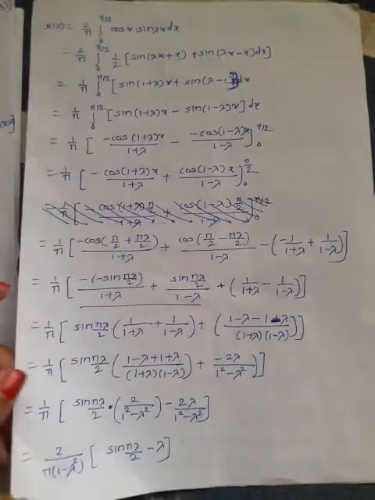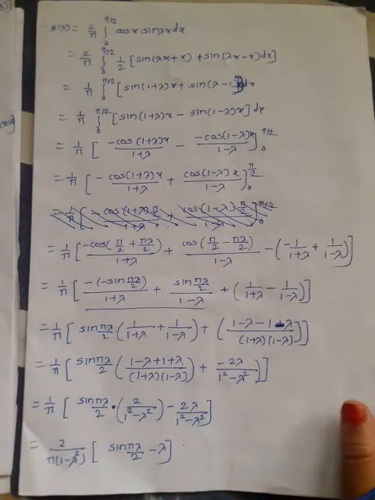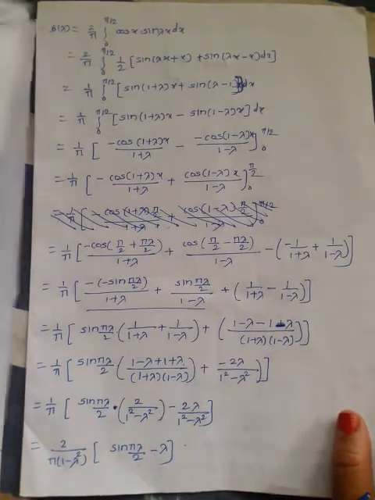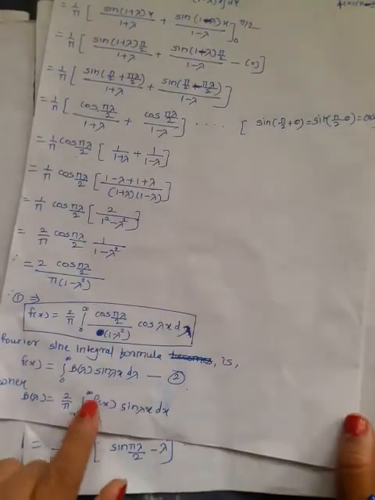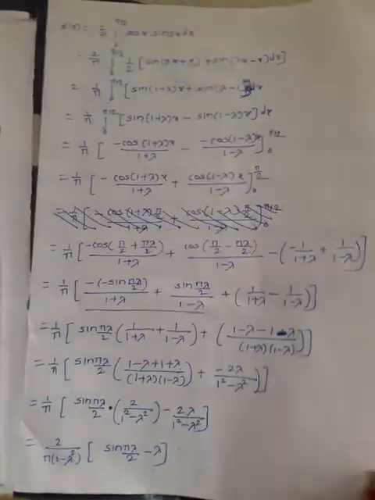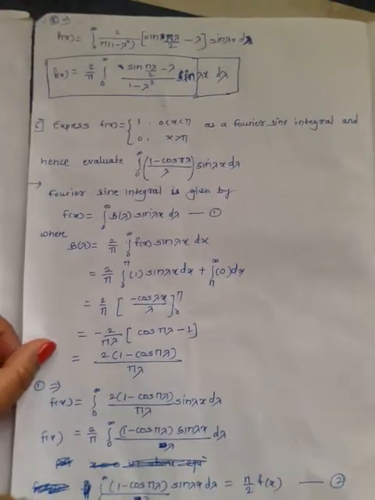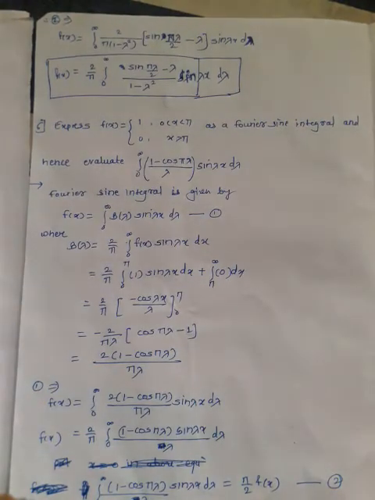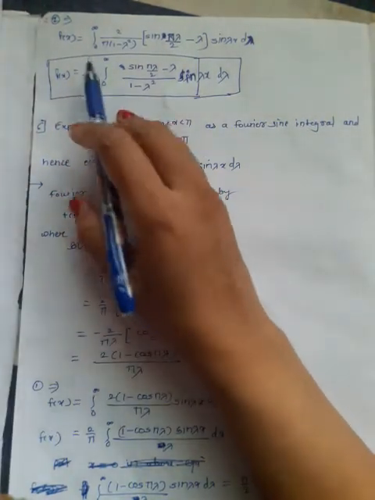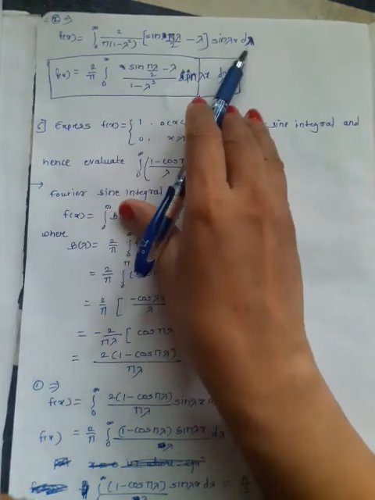Now again we have to resubstitute this value in our function. That is, from equation number 2, our original answer, equation 2 becomes f(x) is equal to integration 0 to infinity, this is b lambda, sine lambda x d lambda.